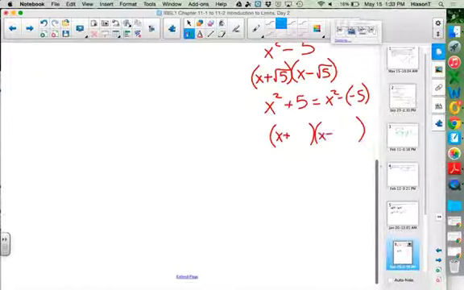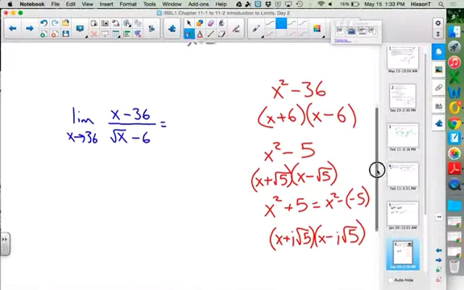We know how to do square roots of negatives: i root 5, i root 5. Now, when we're doing limits, they have to be real numbers. So if we got something like this, we wouldn't mess with it.